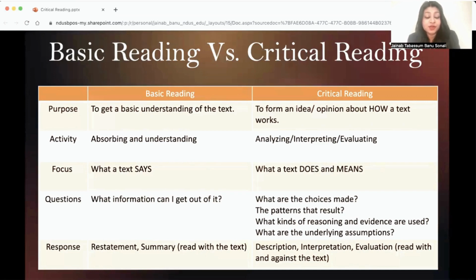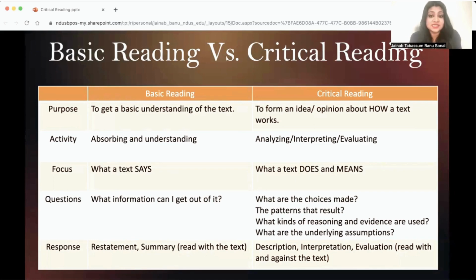Yes, that is the purpose of basic reading. Basic reading helps you to get a basic idea or understanding of the text. But when you read the text critically, you develop your own opinion or you develop a new kind of idea about how a text works.